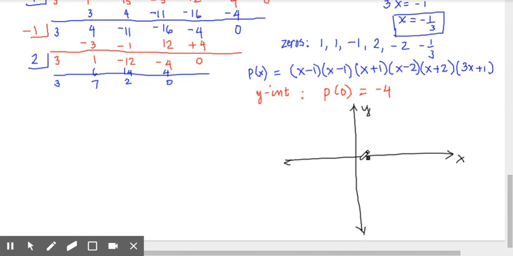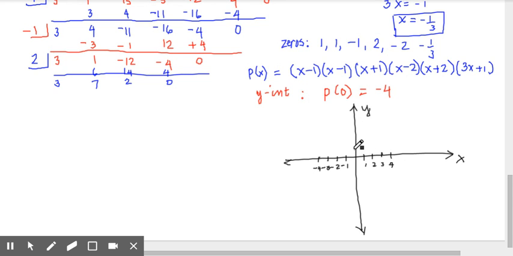Okay, 1, 2, 3, 4. 1, 2, 3, 4. So when you're graphing, I want you to scale.